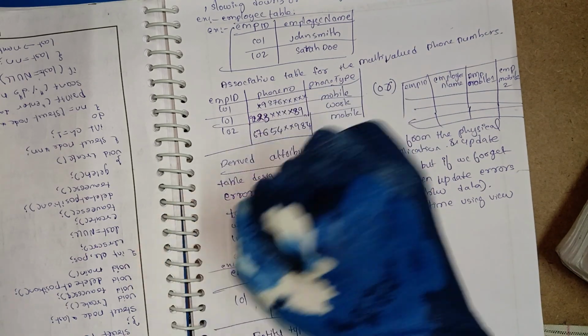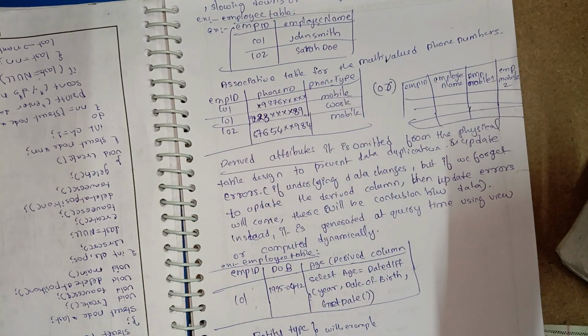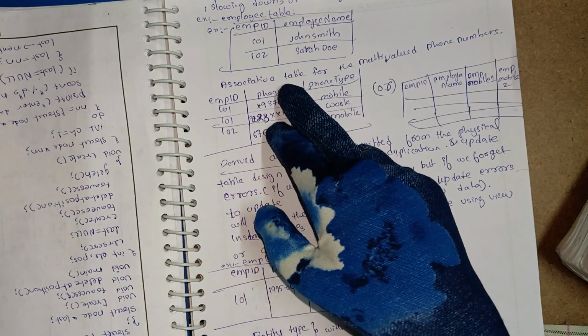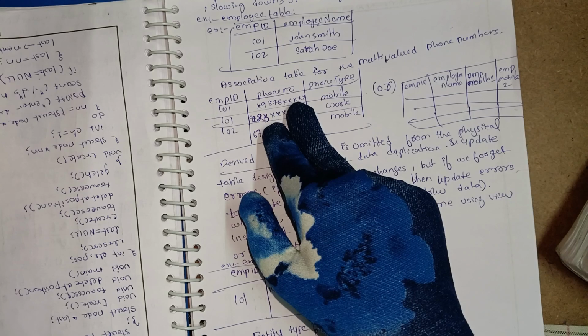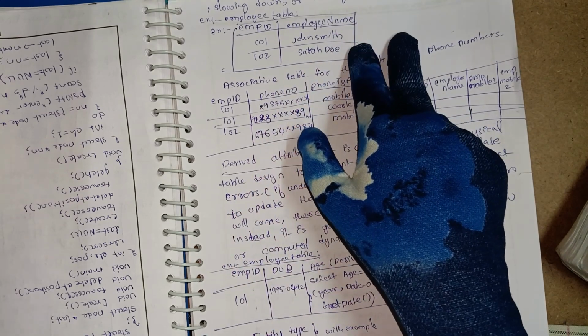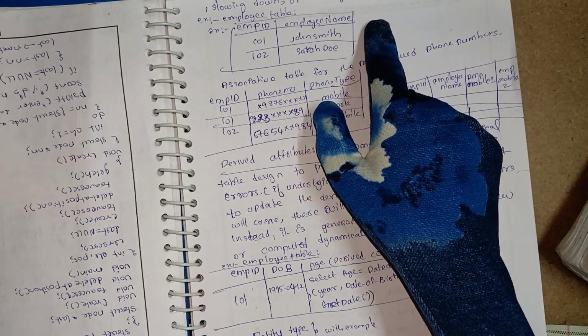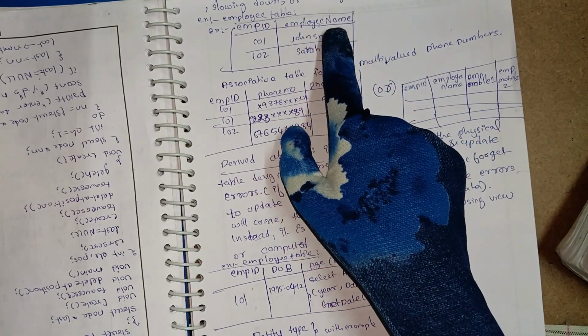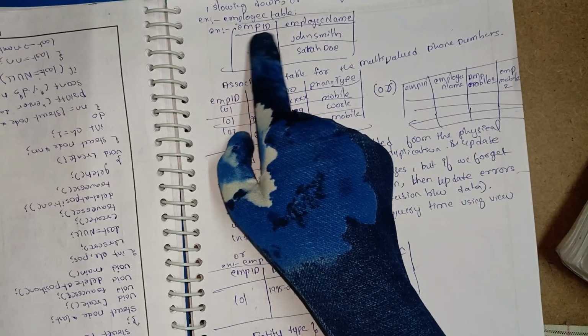So to overcome the redundancy: if I put this phone number column in this main table itself, then it causes severe redundancy, because the employee name should be repeated as well as the employee ID.